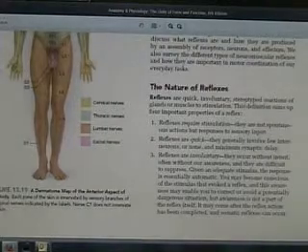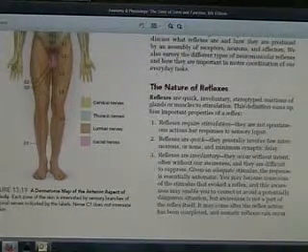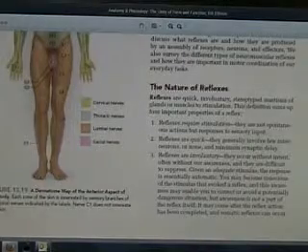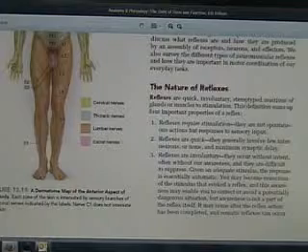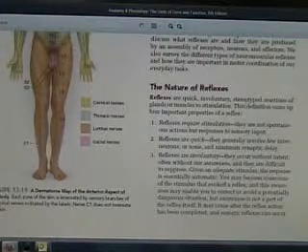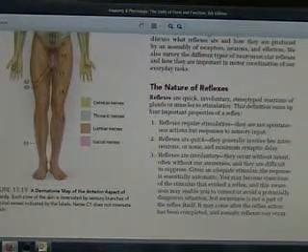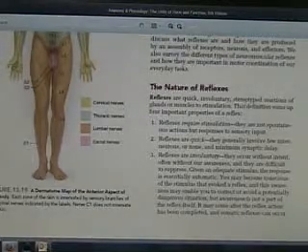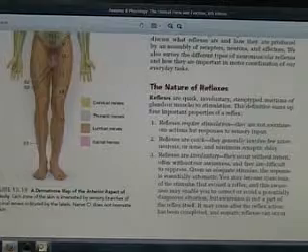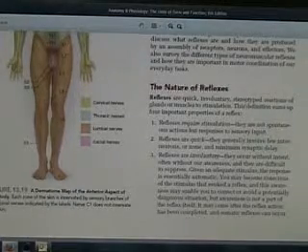Well, reflexes were invented because we need involuntary reactions to things. Like, for example, what's a classic example of a reflex? When you're cooking and a little bit of oil goes on your arm and you pull your hand, and actually, you're not only pulling your hand, you're pulling your entire body away from the danger.